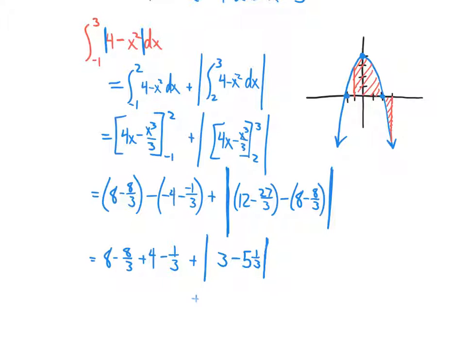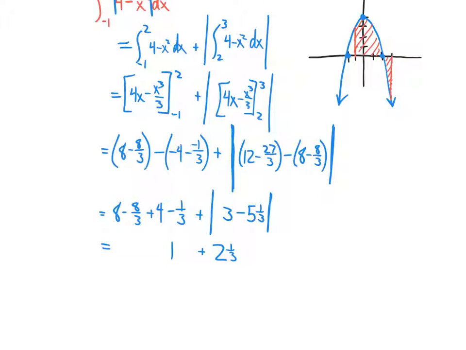So when I take the absolute value, that's going to be a positive 2 1/3. Or, sorry, 12 minus 9 would be 3. So 8 plus 4 is 12, minus 9/3. 12 minus 3 is 9. So this would be 11 1/3. Okay? Is our total area.